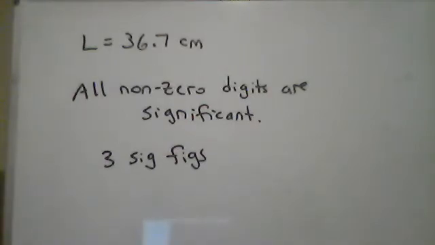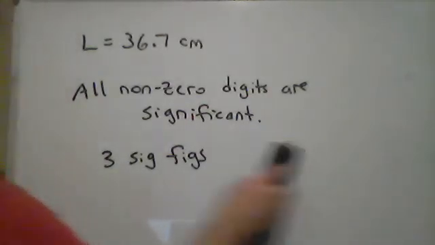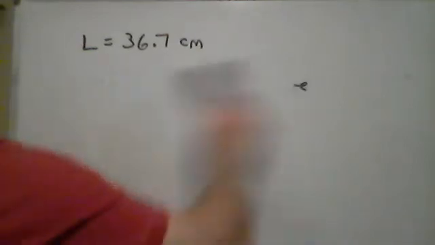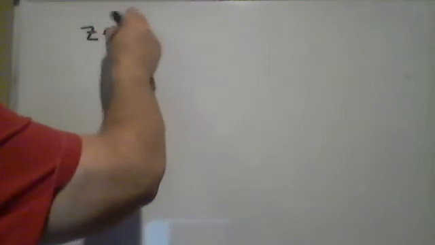But what about zeros? If you want to be more clear on this, I did give you a significant figures handout on Blackboard, and it probably covers it even better than how I'm covering it. So let's talk about zeros. What happens if you have zeros? I talked about non-zero values, so that's easy.